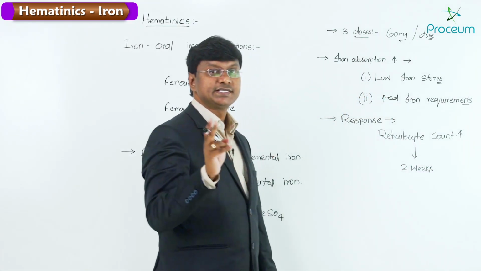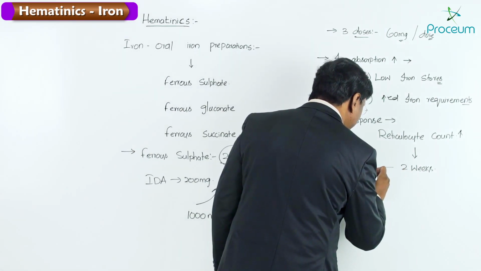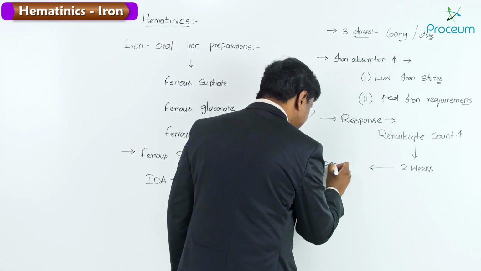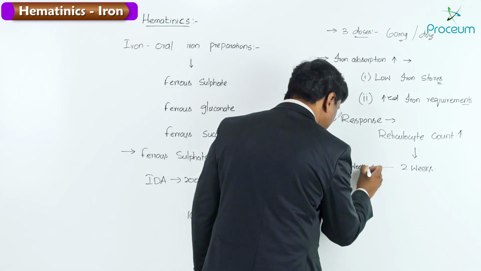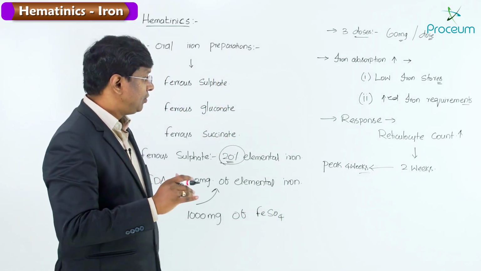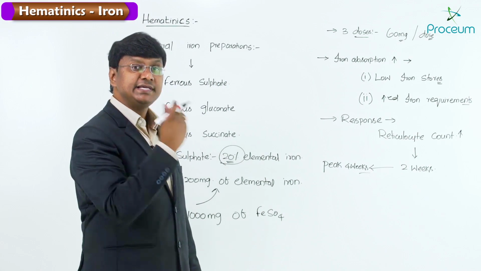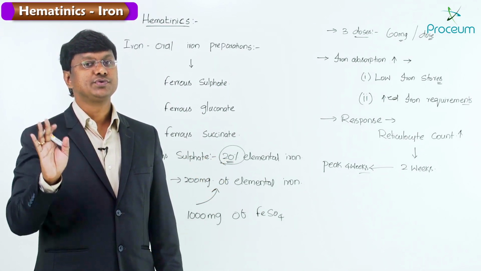It begins to increase in 2 weeks and it reaches the peak value within 4 weeks. So once the reticulocyte count is increasing, this suggests a good response to treatment.